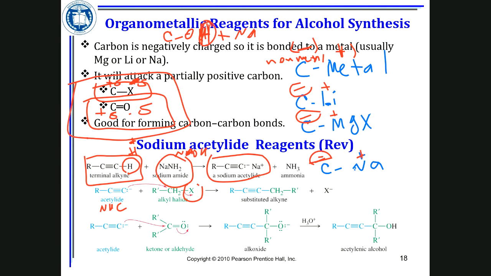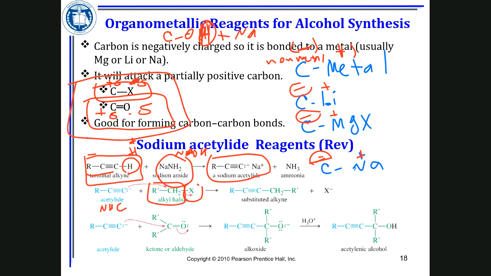So what is happening here, you are adding a carbon chain to your original alkyne. So you're adding another alkyl group to the right side, or you are replacing the hydrogen with the alkyl group from the alkyl halide.